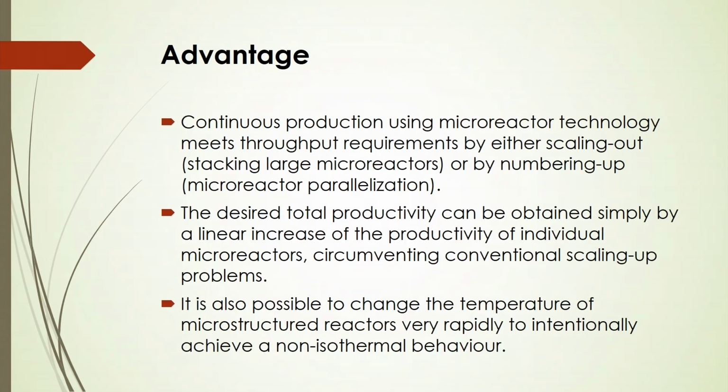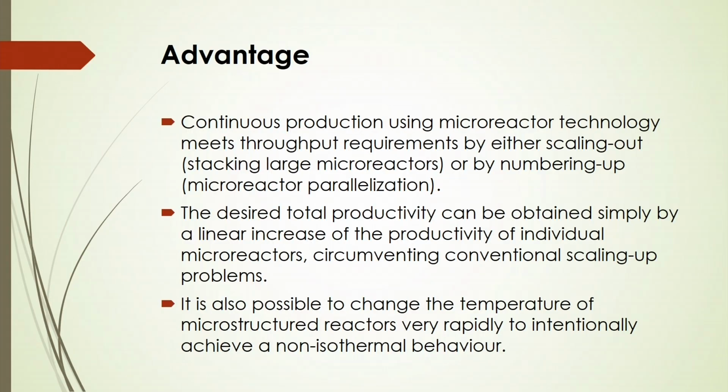Also you can get continuous production by using this microreactor technology that meets throughput requirements by either scaling out, that is stacking a large number of microreactors, or by numbering up microreactors, that is parallelization.